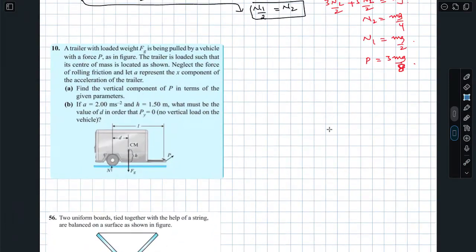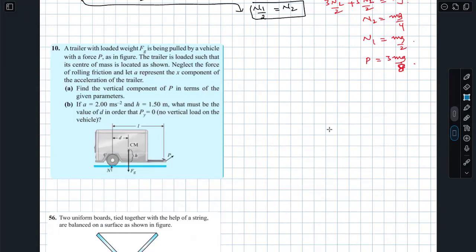10th question. Everyone go through the 10th question.